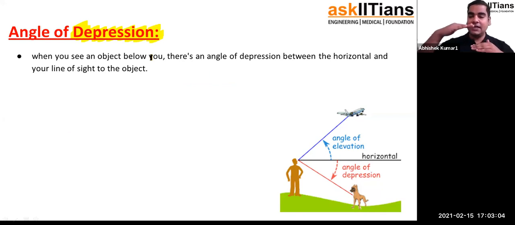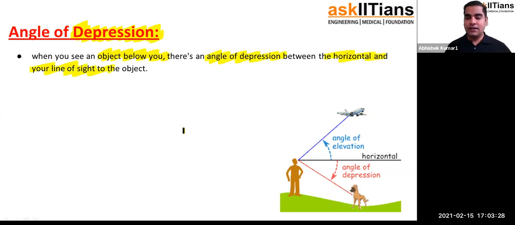That means if I take any point on this surface, then that will be referred to as a point which is in the depression. Understood? So when you have an object below you, as mentioned in this definition, then there is an angle of depression between the horizontal and your line of sight to the object. It's very clear, right?